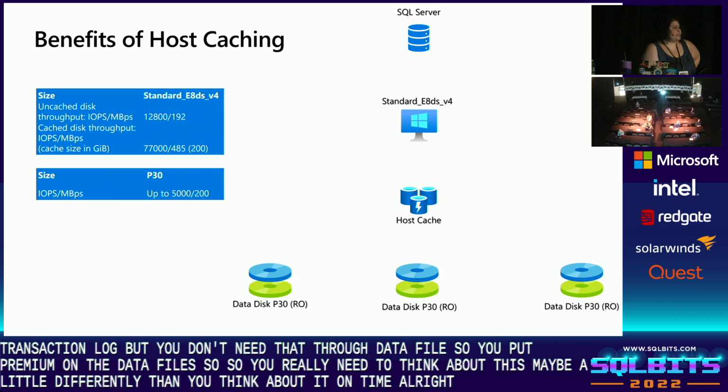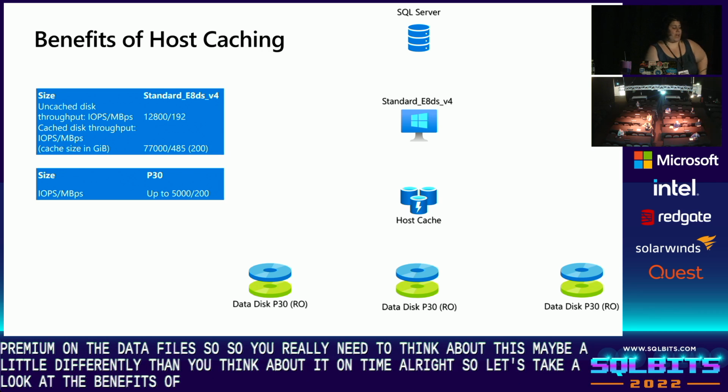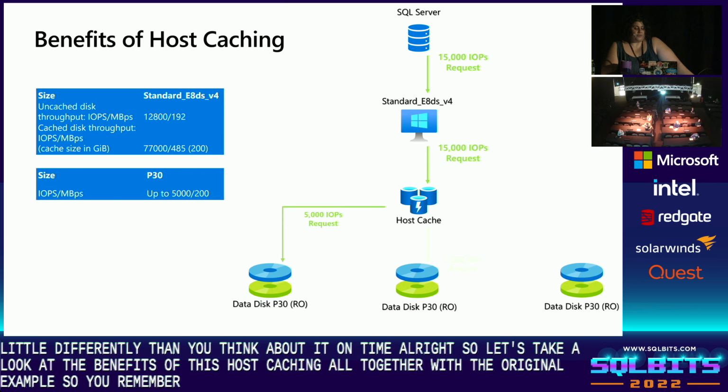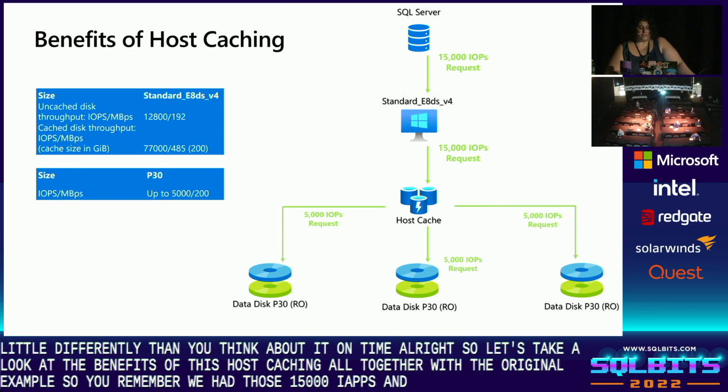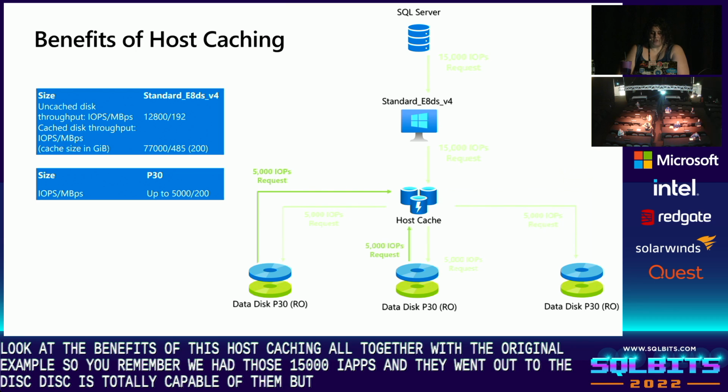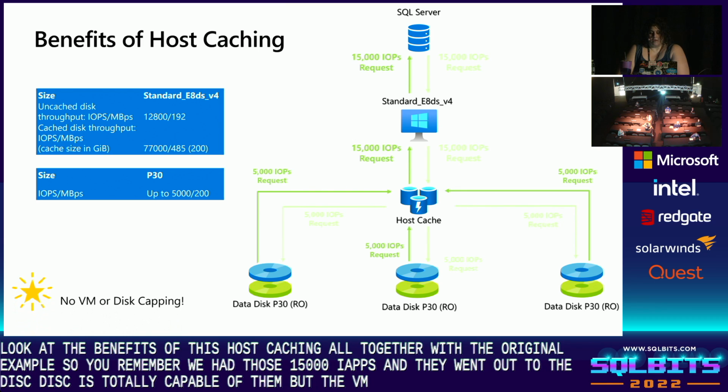All right, so let's take a look at the benefits of this host caching all together with our original example. So you remember we had those 15,000 IOPS and they went out to the disk. Disk is totally capable of them, but the VM was not.